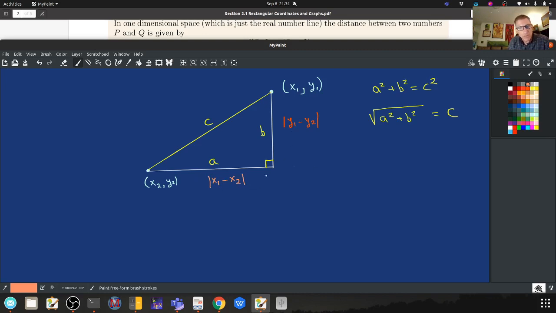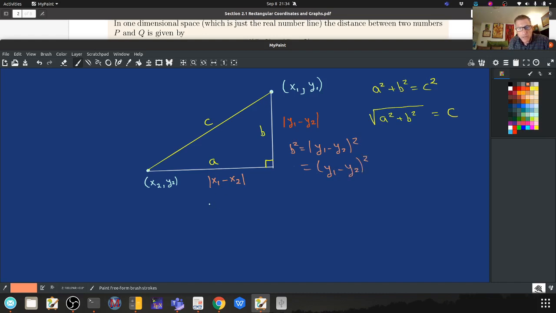But you know the cool thing about this is when I square the absolute value of y1 minus y2, I always get a positive number. So when I take b squared, which is equal to the absolute value of y1 minus y2 squared, that happens to be just the same as y1 minus y2 squared.